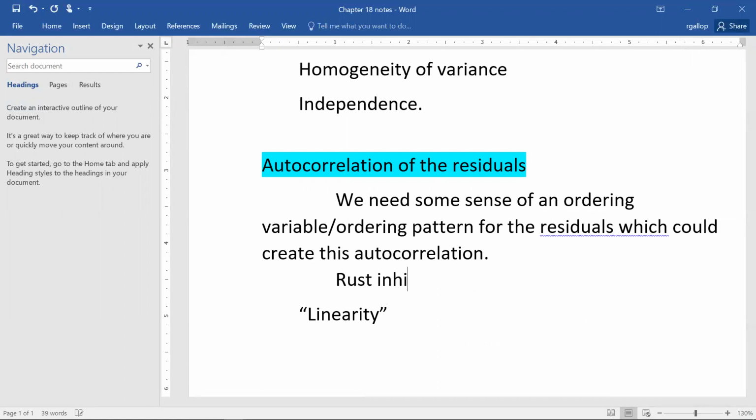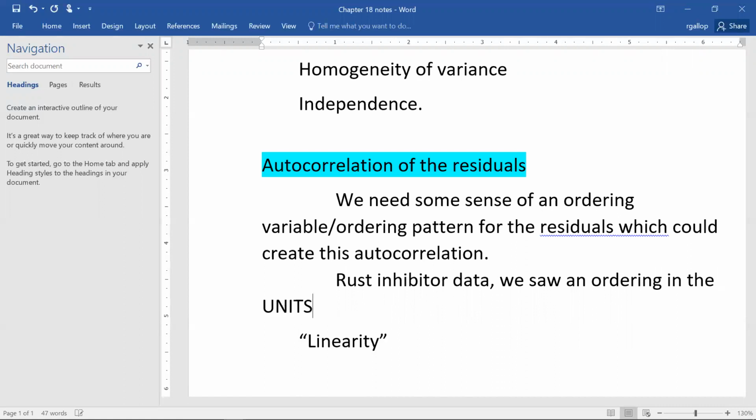So our rust inhibitor data, we saw an ordering, then brand.